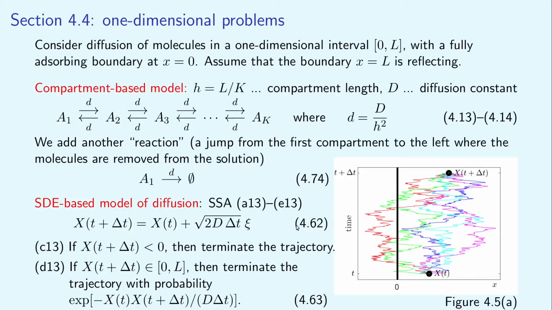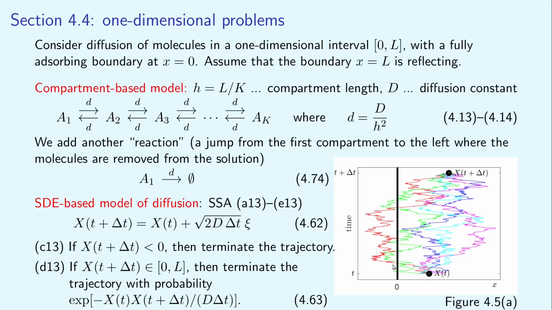However, equation 462 provides a good description of the underlying stochastic differential equation only if delta t is sufficiently small. If we decrease the time step, the particle will not go straight between these two positions, but it will follow a stochastic trajectory. 5 realizations are visualized here using different colors.